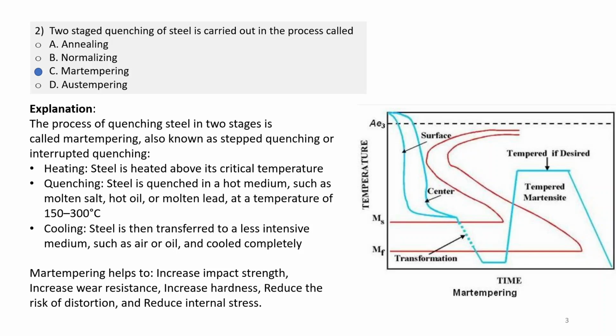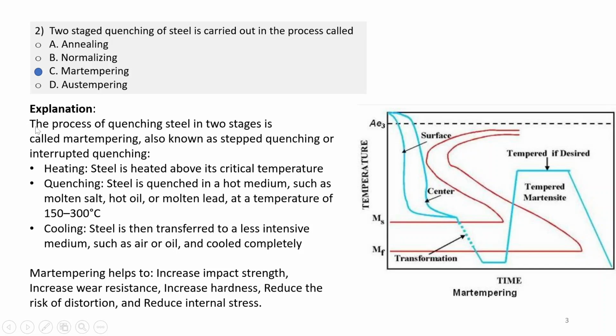So the surface will cool faster compared to the center. So before Ms, it is held at that particular temperature and then it's quenched, so that the temperature is uniform throughout the surface and center. Okay, then transformation takes place and then it's tempered if desired.